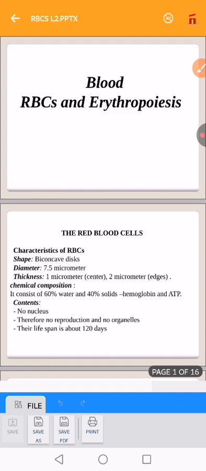That 40% solid is hemoglobin and ATP. The content of the RBCs is not like the other types of cells. There is no nucleus in the RBCs, therefore no reproduction and no organelles. Their lifespan is about 120 days.